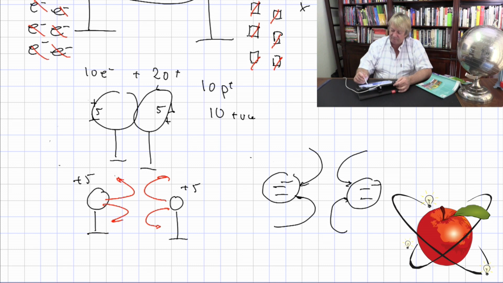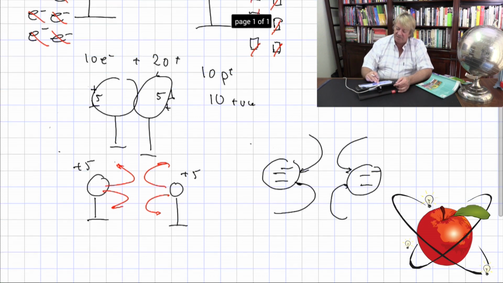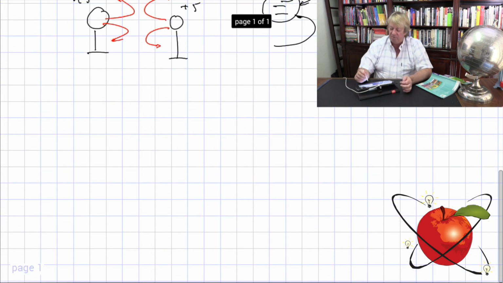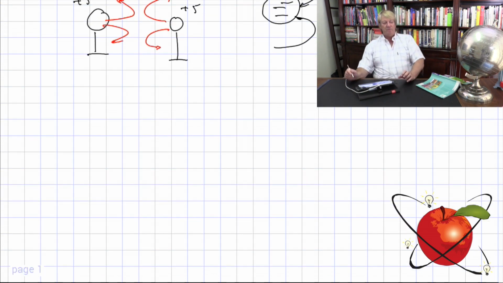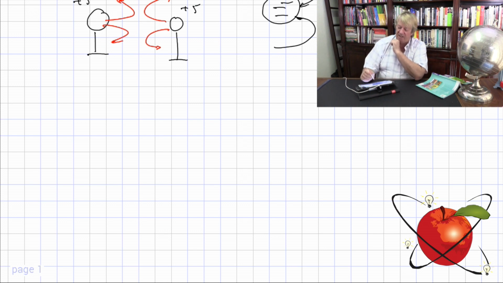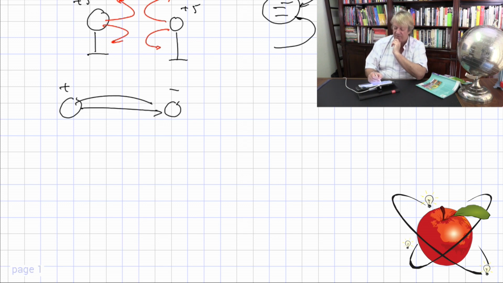Okay. Right. So in these charged spheres that we've got over there, we've got this situation of having a body and another body with a charge of a plus and a charge of a minus and a force of attraction between them. Right? Well, how big is this force?